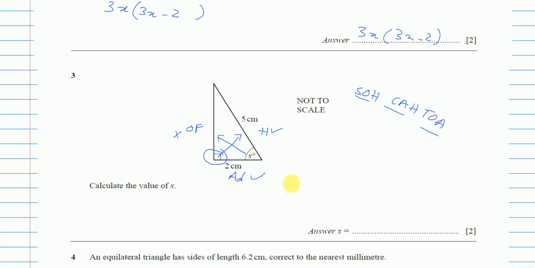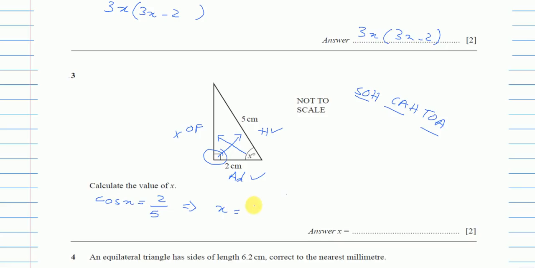So I will write the formula then. cos x equals adjacent over hypotenuse. Adjacent is my 2 centimeter over 5 centimeter, and now this cos goes on the other hand side, and it will become cos inverse.